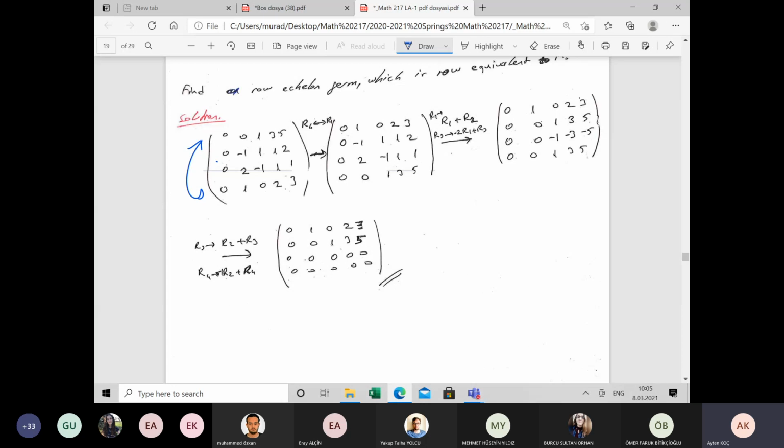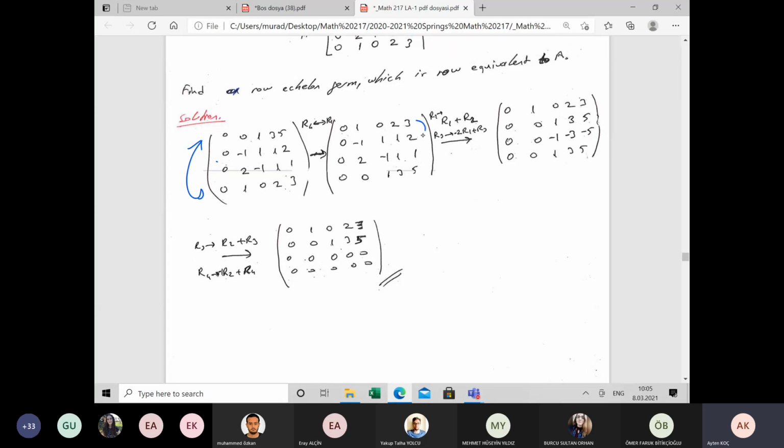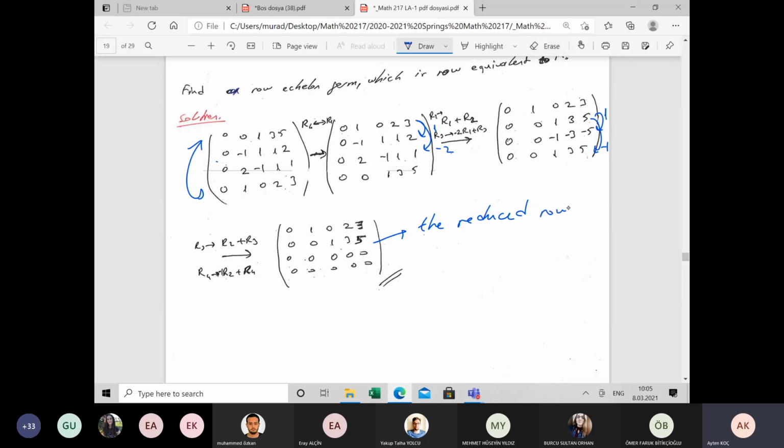Apply this one and then multiply by 1, multiply by minus 2, and then multiply by 1, multiply by minus 1, we obtain this. And this one is the reduced row echelon form of matrix A. It's okay.